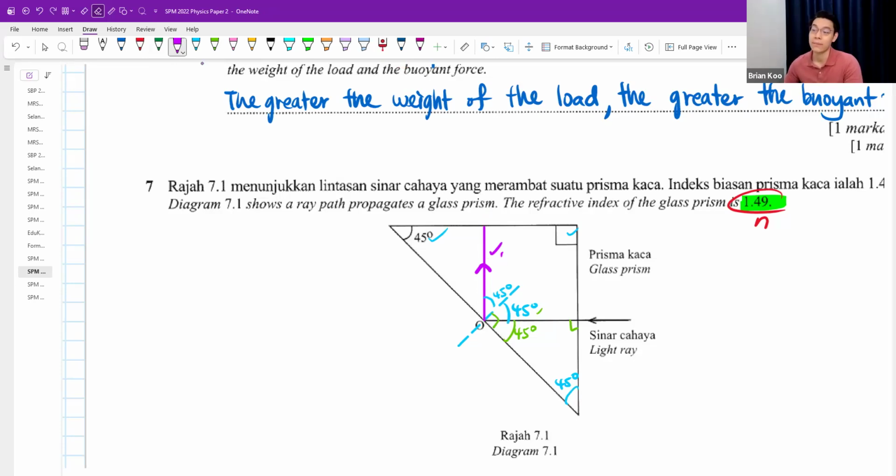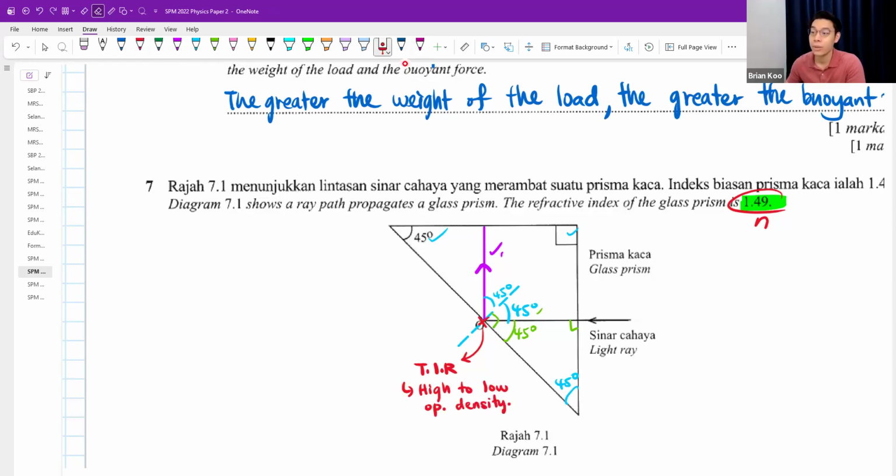Now, if you are thinking, teacher, why can total internal reflection occur? That is because at this point right here, light is trying to travel from denser to less dense, or maybe I say high to low optical density.